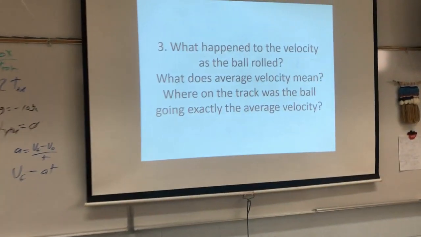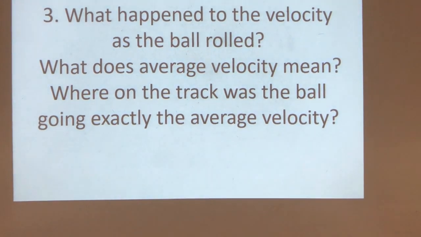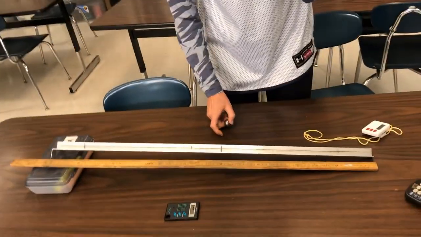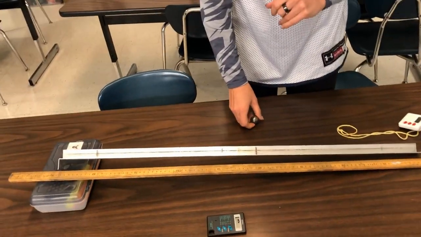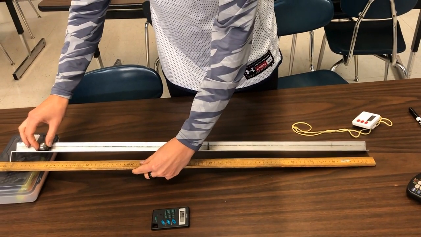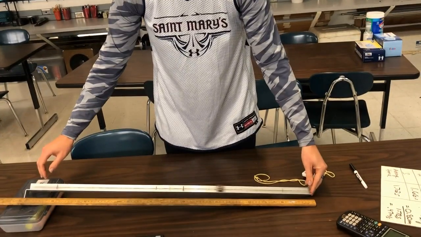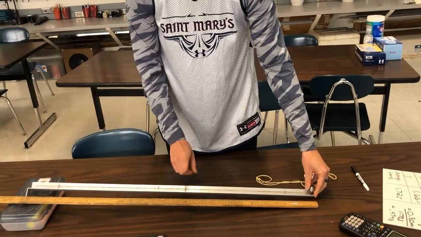So if average velocity is our sort of middle number, where on the track was the ball going exactly the average velocity? Okay, so this has 2 parts to it. Roll it down the track again. If we start at the 0.8 meter mark right here, where as I let it go, is it going the average velocity? Well, average is middle, right?